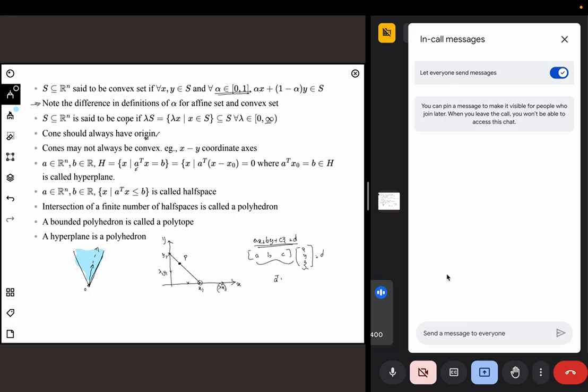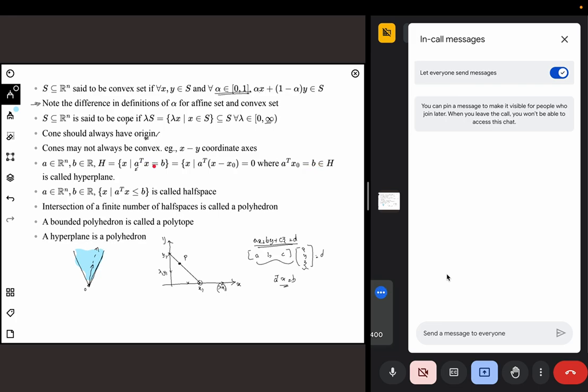This entire thing is my high-dimensional x, and this is my b. This is just like a normal plane, but in higher dimension. All this means is you have a set of linear equations. Now, the next thing is when I say a transpose x equals b, I can always write it as a transpose (x minus x naught) equals 0, if a transpose x naught equals b.